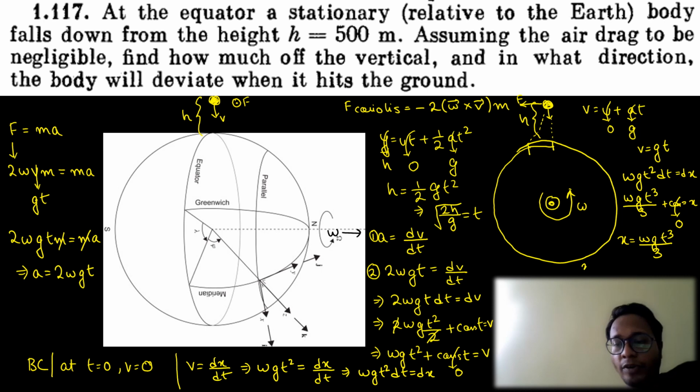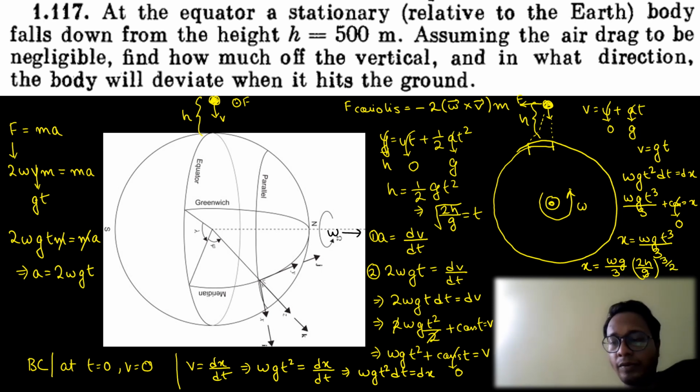So the x component of deviation is equal to omega g by 3 into t cube, where the square root is written as 1 by 2 and the cube as 3. 1 by 2 into 3 is nothing but 3 by 2.